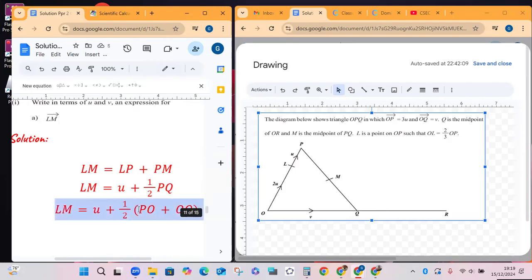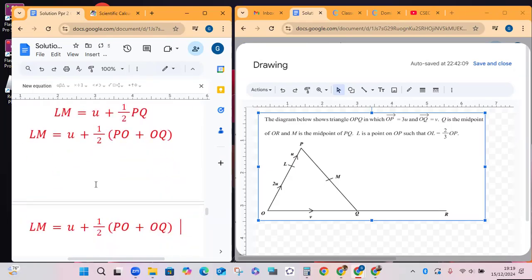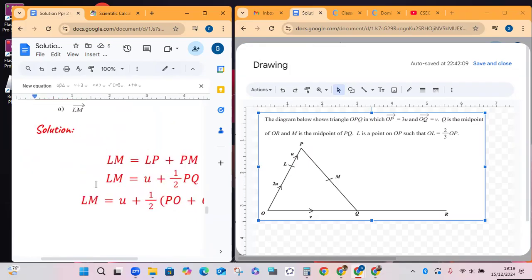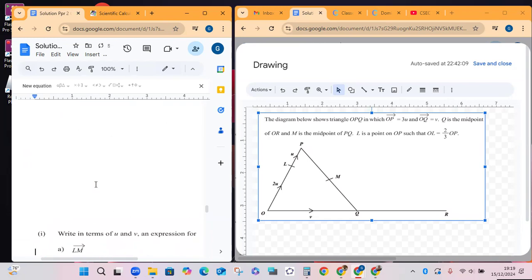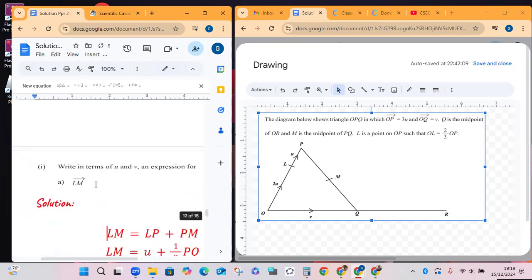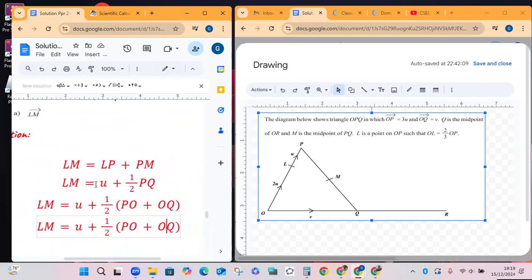Now, PO is opposite to OP. Now, in vector notation and language, the symbol for the word opposite is the negative sign. Once you say opposite, you have to use a negative sign. Okay? So PO is negative OP.